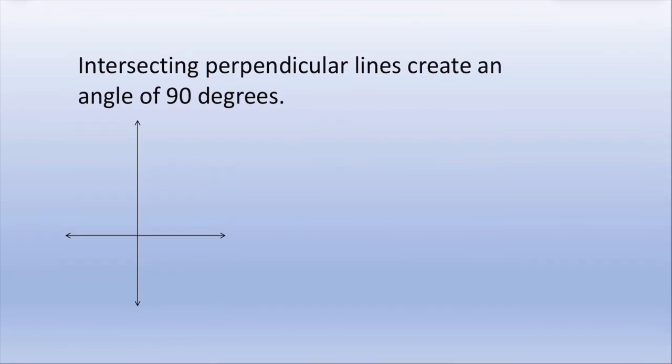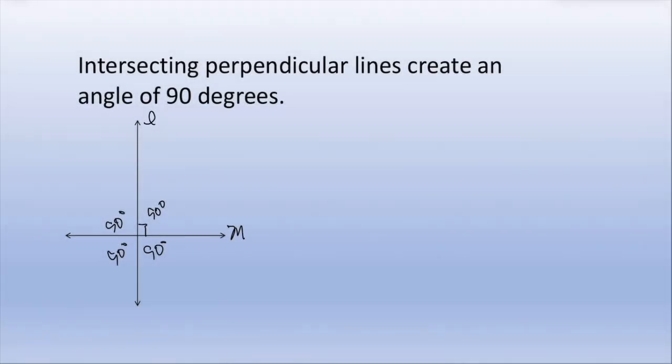If two lines are considered perpendicular, then when they intersect, they create an angle of 90 degrees. So let's say line L and line M are perpendicular, then they meet at 90 degrees. So this is 90 degrees, this is 90 degrees, this is 90 degrees, and this is 90. See how it adds up to 360?